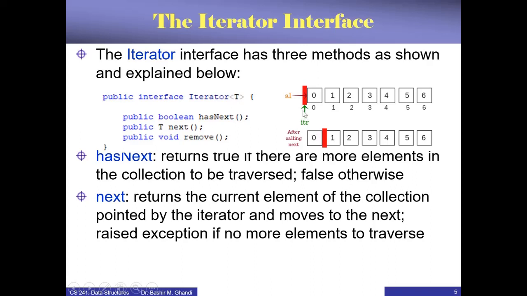Remember I said imagine the iterator to be like a pointer. So it will return to you 0 and also move to the next node. So the pointer is now pointing to 1 in this particular example. If you say next again, it will give you 1, but at the same time it will move to 2.